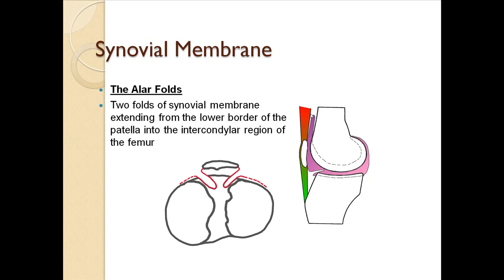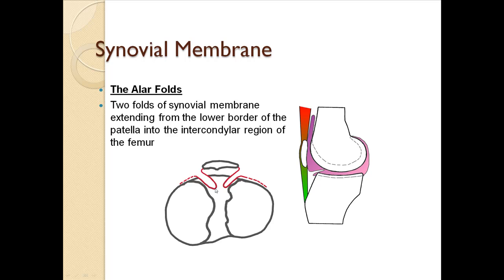In addition to the suprapatellar bursa that we can see here, we also have 2 folds in the synovial membrane. If we imagine that we've got this synovial membrane coming down here, and somebody has taken a pencil or a finger and pushed the synovial membrane towards the inside of the joint, they end up creating 2 folds that are like little finger-like projections that pass inward behind the patella, between the femur and the tibia, towards the intercondylar area.